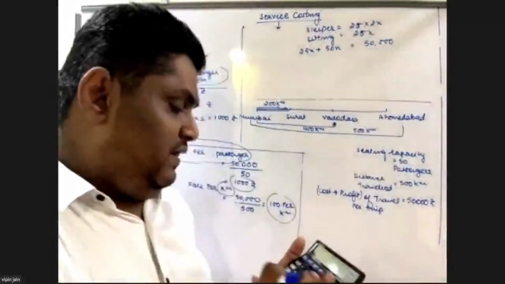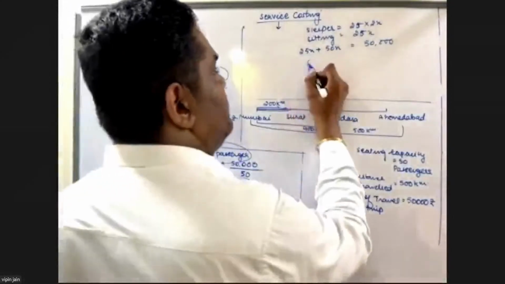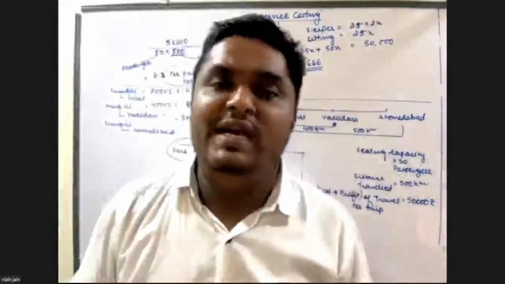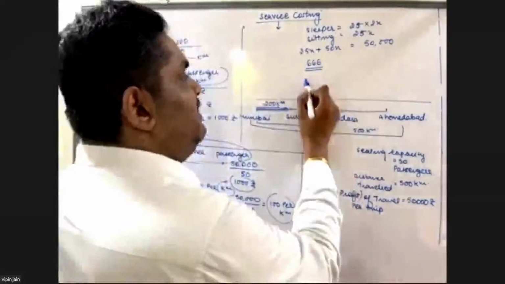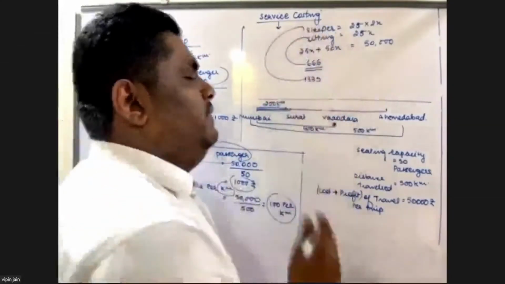So 50,000 divided by 75, that is 666.66. So the fare for the seating is 666 and for the sleeper it will be 1333.